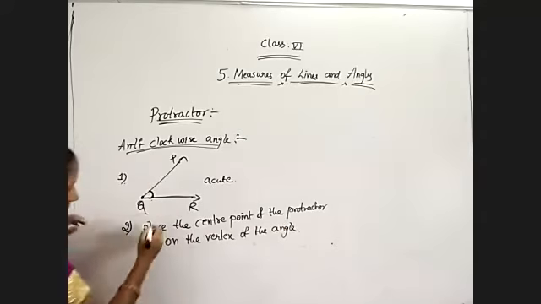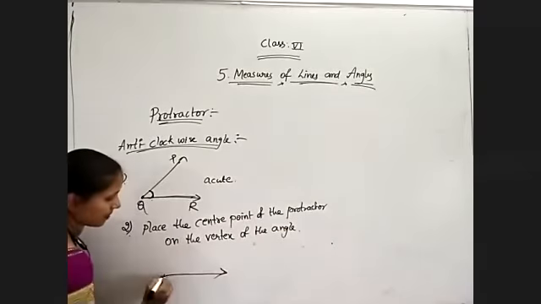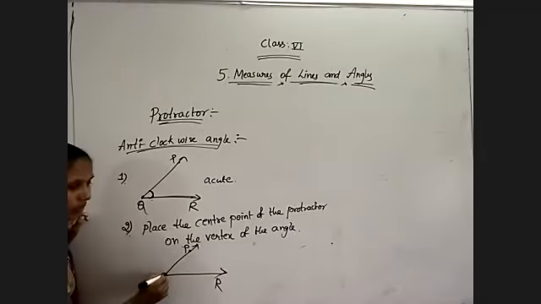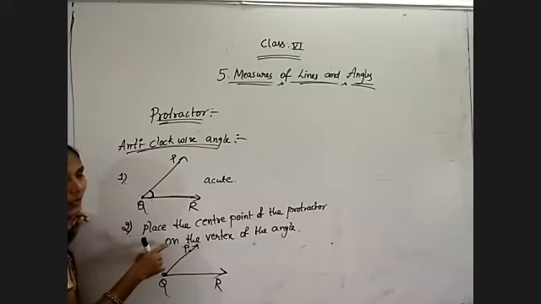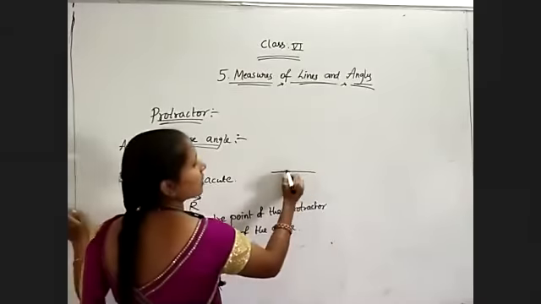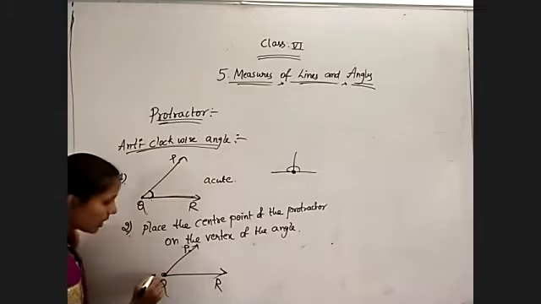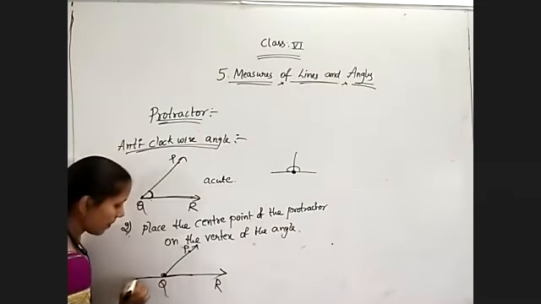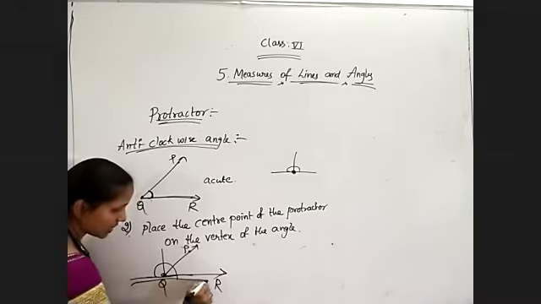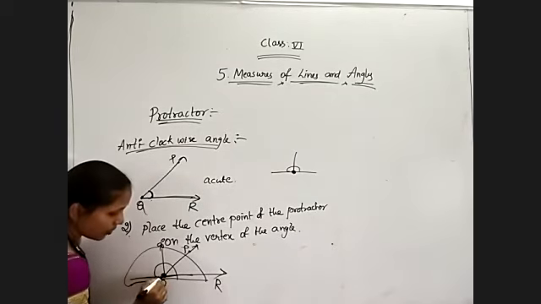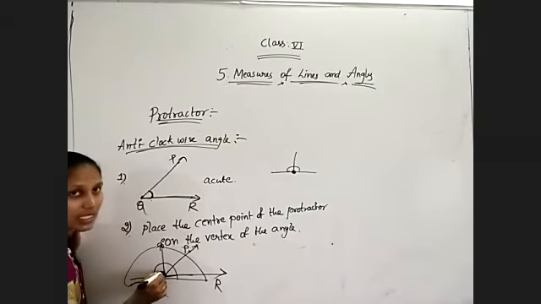That means in the second step, Q, R, P. What is the vertex for this angle? Q. The common center point of the protractor. So see, just observe. This is the center point. Yes or no? This point we have to place on Q. Like this you will get actually. So it is 90 degrees. This point we have to place on Q.